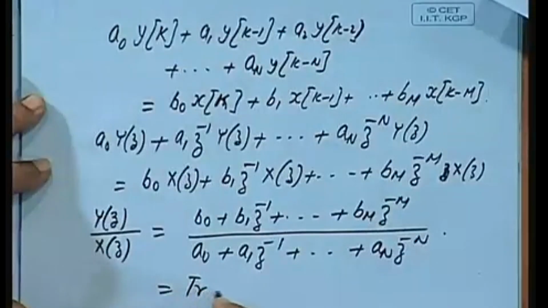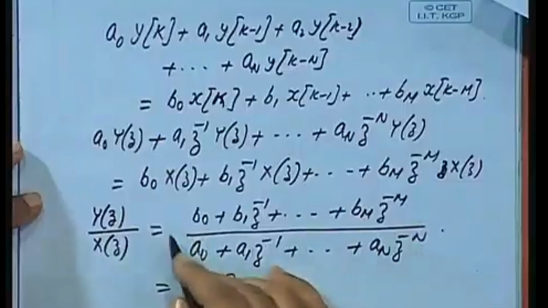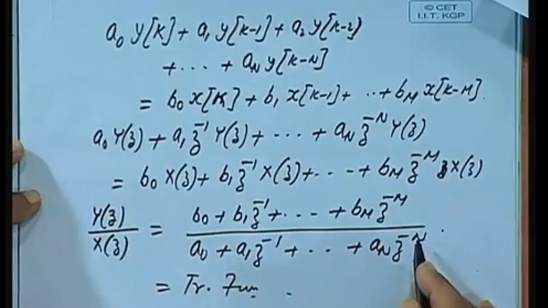As you have done in the continuous domain, Laplace transform you take and then take the ratio of the output by input. So, this is the transfer function in the discrete domain. Given a transfer function, you can find out its impulse response. Just take the z inverse of this, and you have seen for calculating z inverse there are 3 methods.